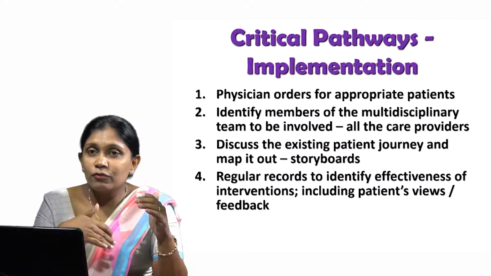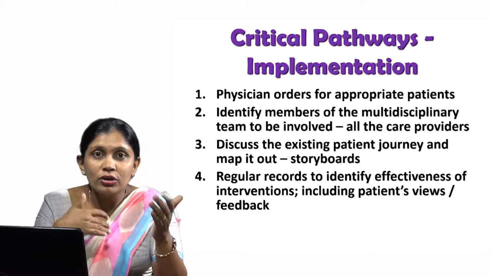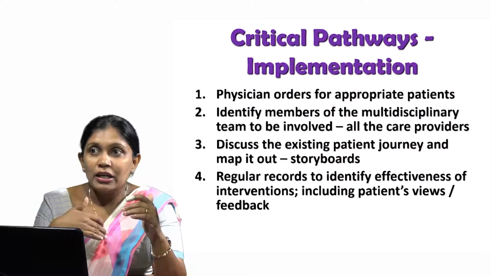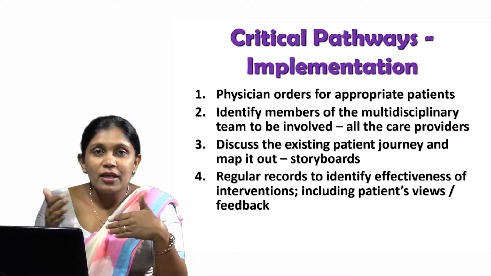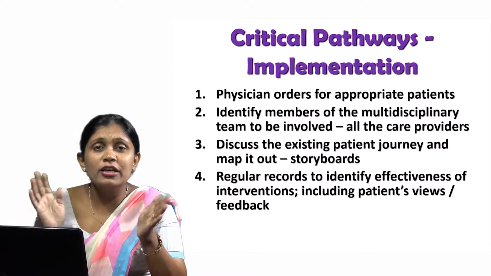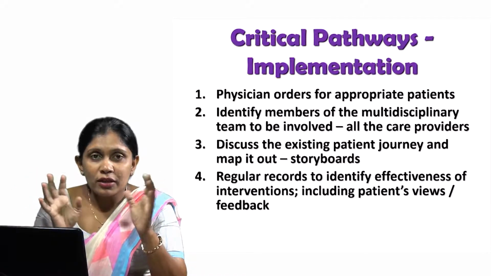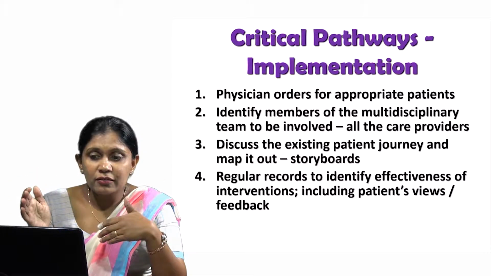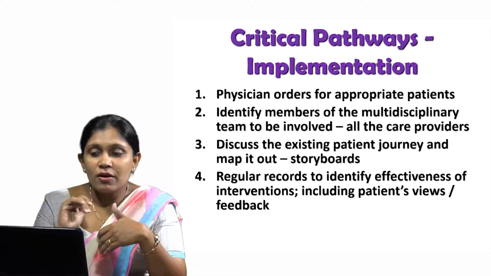As examples, CABG, total knee replacement, influenza, managing dengue. Likewise, there are some examples. The management is almost similar for each and every patient. It differs from adult to pediatric, so there should be different care pathways. So, we have to select the appropriate patient.